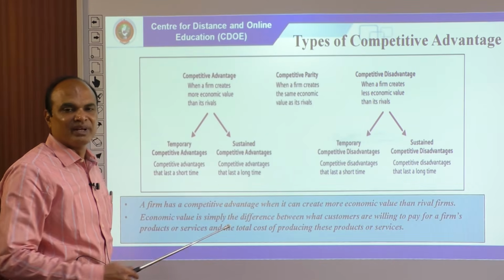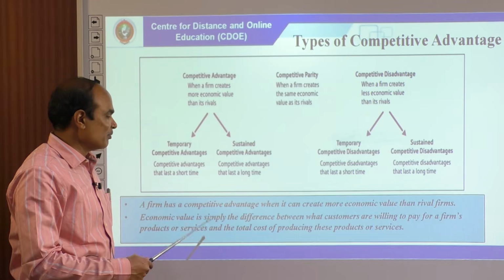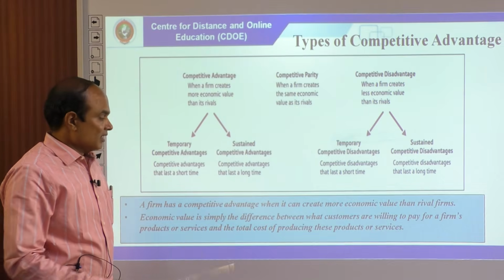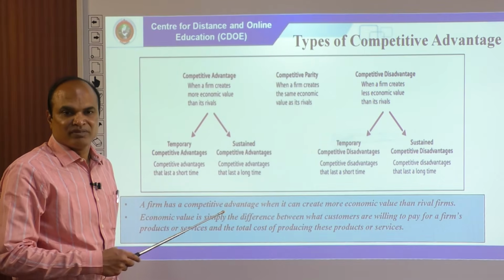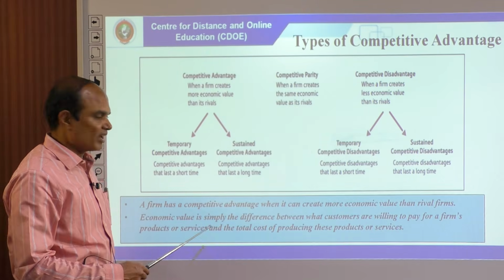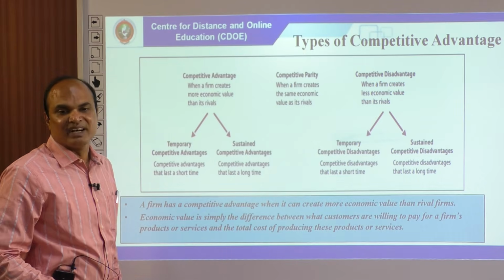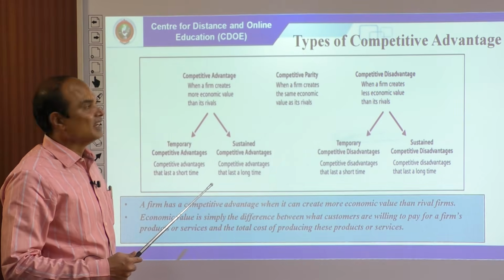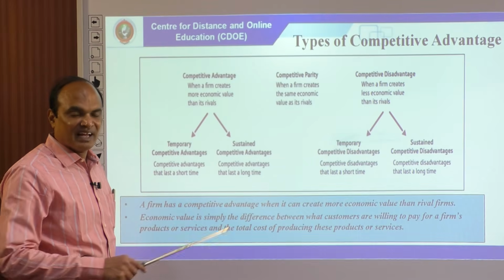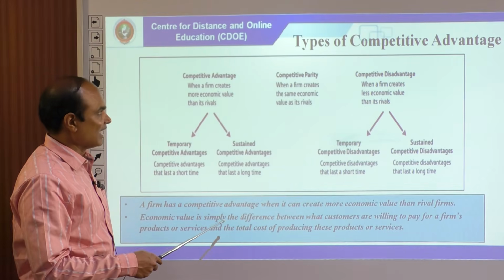If a mobile company's cost of production is 10,000 rupees for an X product, and it is selling at 30,000 rupees, then it has got the better advantage than the rival.